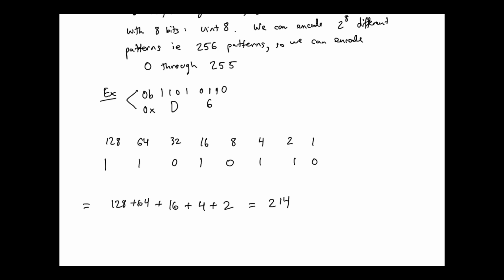So here I have a 6 in the ones place, and the D is in the what's place? The 16's place. D counts as what number? 13, and it's in the 16's place. So this would be 13 times 16 plus 6.